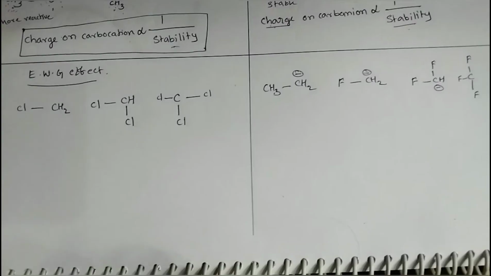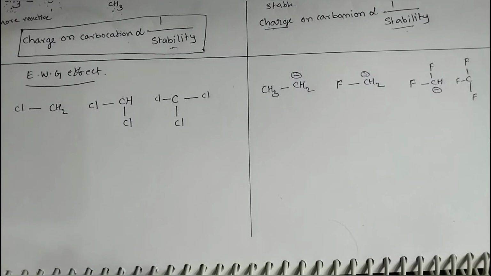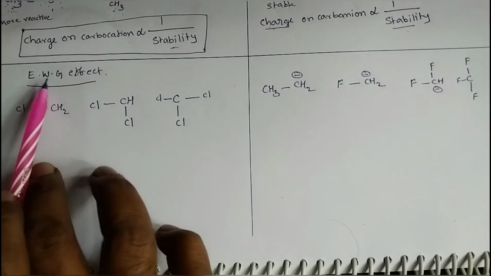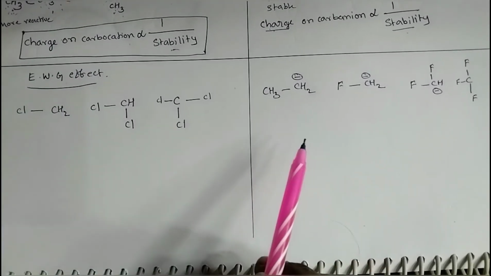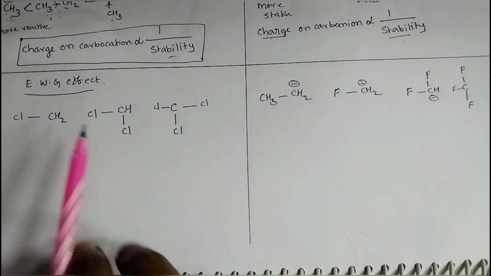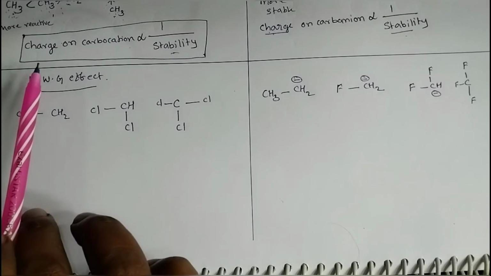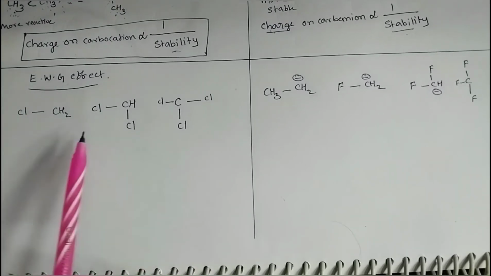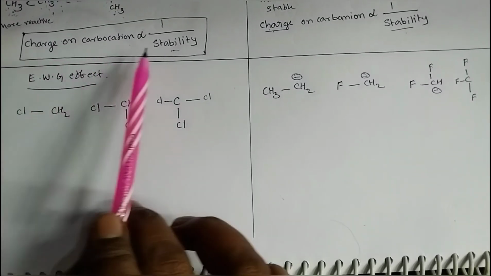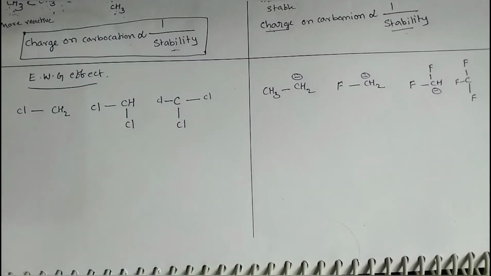Next example. Here also we will follow the effect of electron withdrawing group and electron donating group. In these examples also we just write the order based upon this trick. Charge is inversely proportional to the stability.